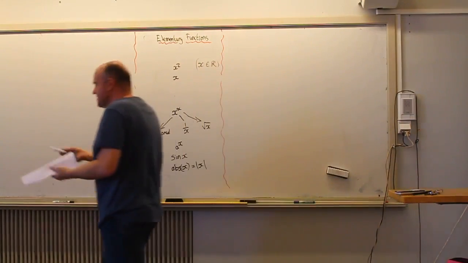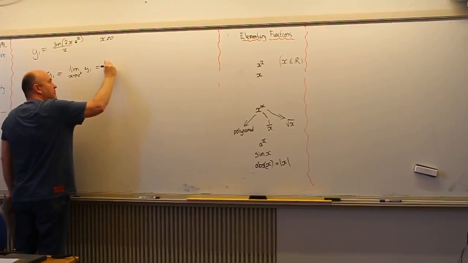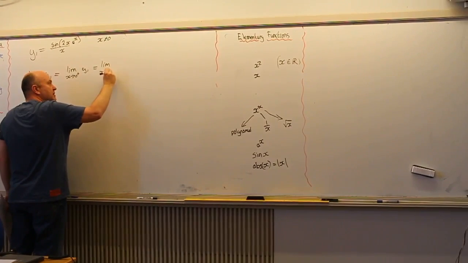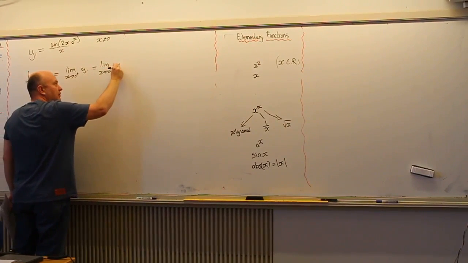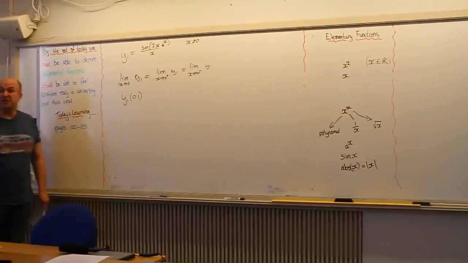Okay, let me help you get the answer to this question. It has to be equal to the limit as x approaches 0 from the positive side of y1. So on your calculator, take y1 now on the home screen and put in 0.1. What do we get? 2.1 something.